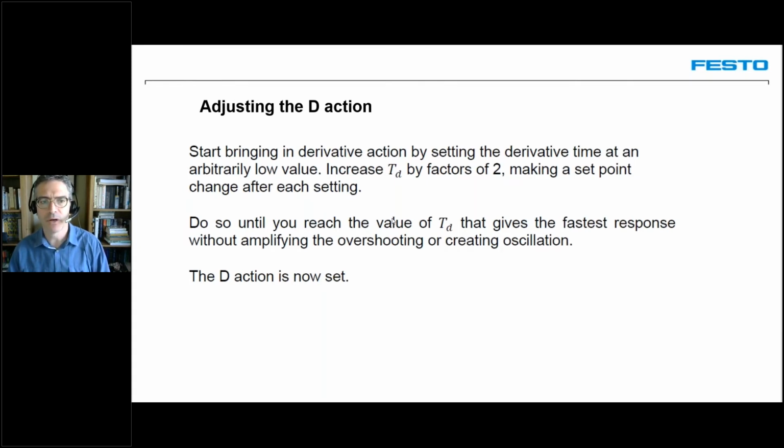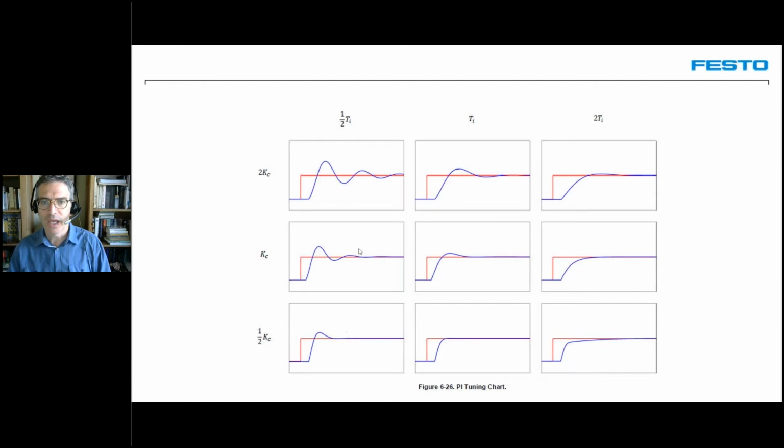And here we have a schematic that provides lots of help in determining what we should do. So here in the center, as you can see, is the response we get for a certain gain of our controller and a certain integral parameter.